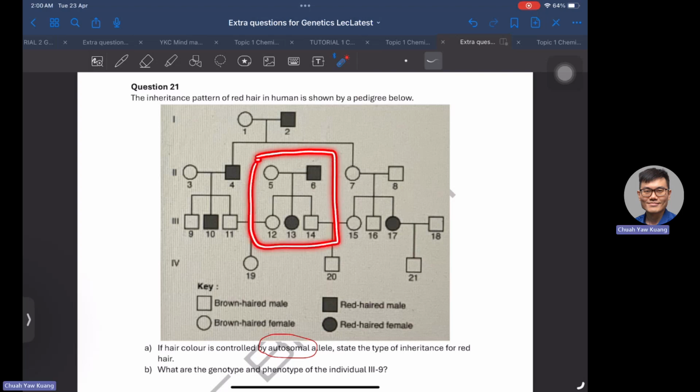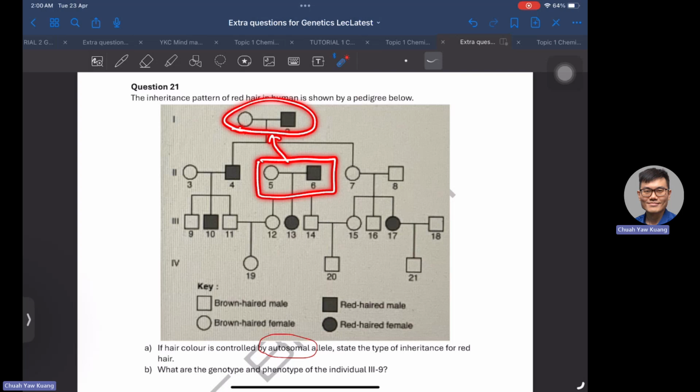You look at this one. This individual 5 and 6 is not the offspring of this pair of parents. Yes, you can see that there's no line connecting them.